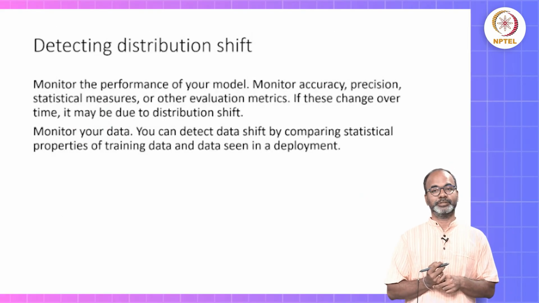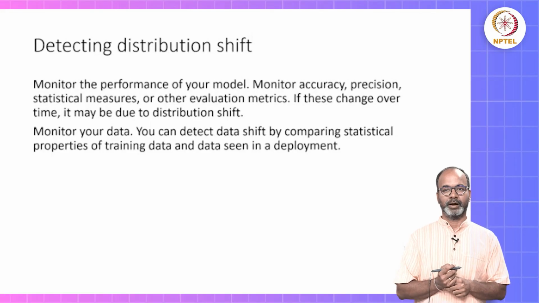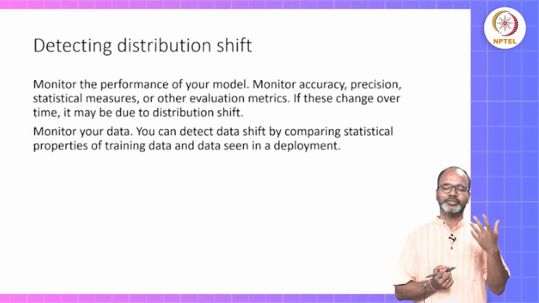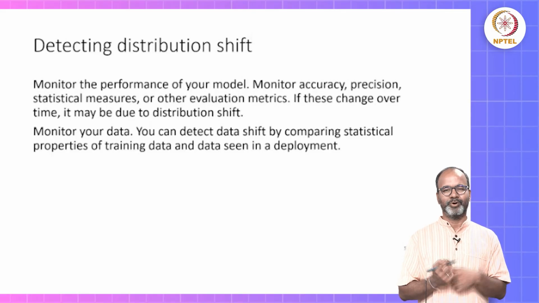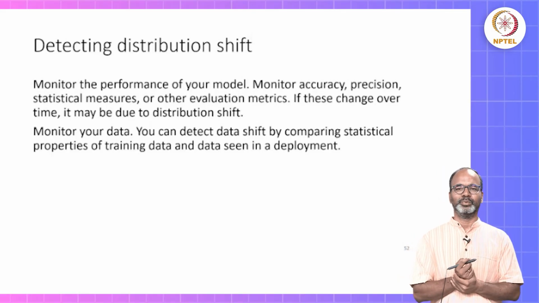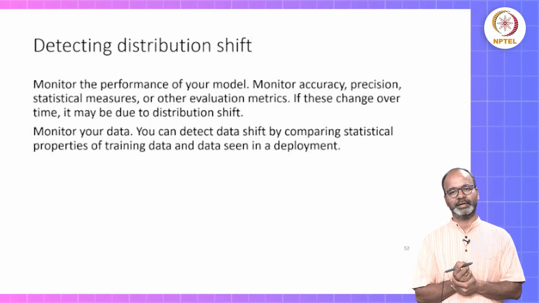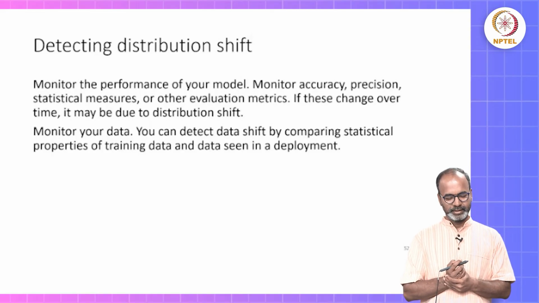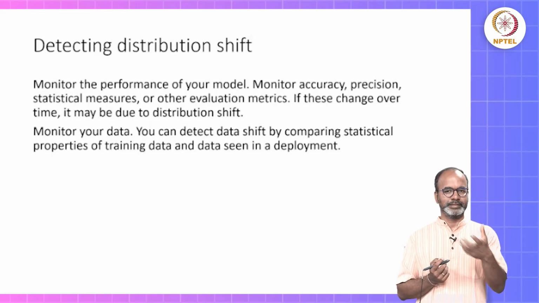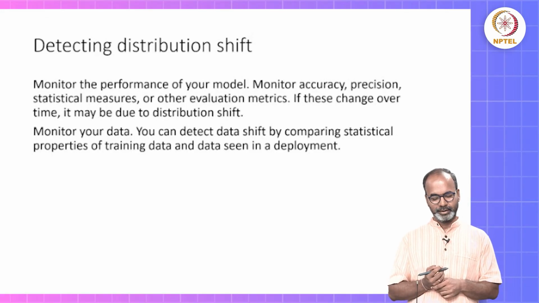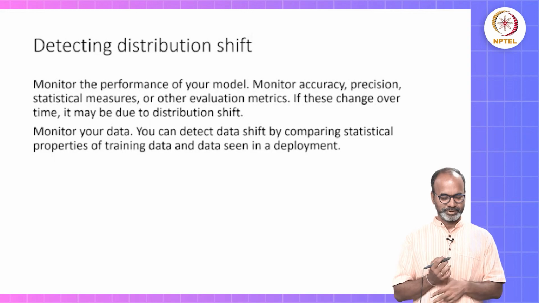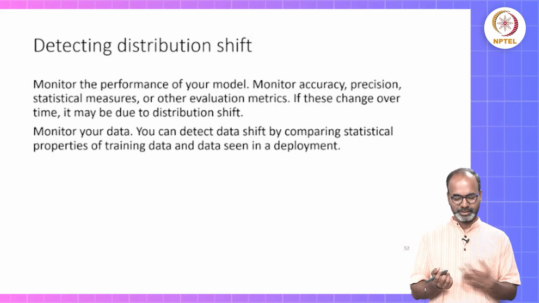Detecting these distribution shifts is interesting, or hard also sometimes. And generally, I think as ML developers, we don't really keep all of this in mind while we do the development of these models. So the goal should be, where is this robustness coming from? The goal should be to monitor the performance of your model, monitor accuracy, precision, statistical measures, or other evaluation metrics.